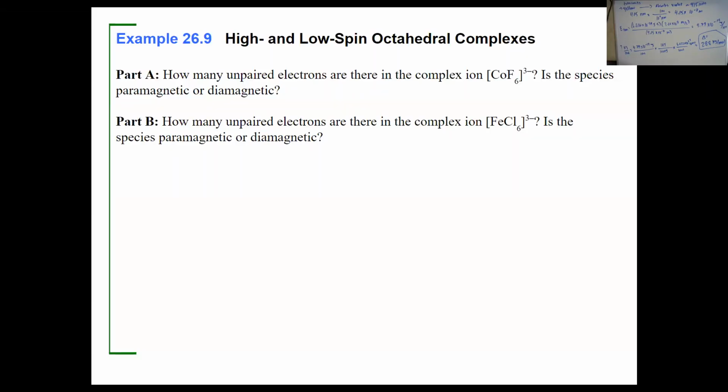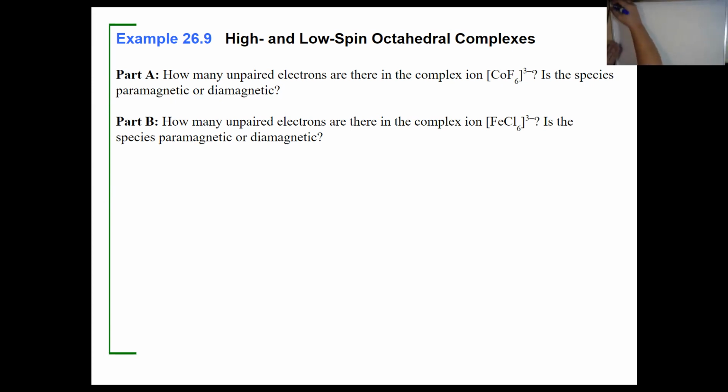Next question has us going back into these diagrams, okay? High and low spin octahedral complexes. So this is where we have to start using the ion configurations that I was talking to you about before.